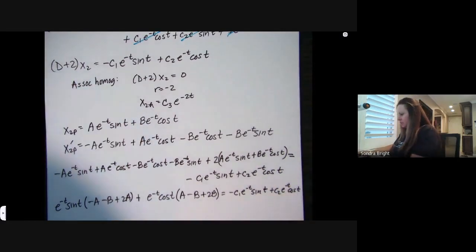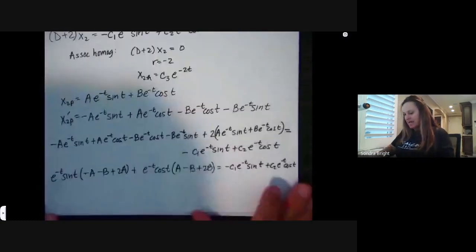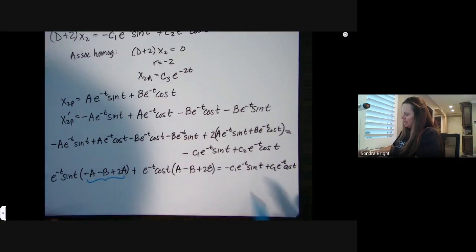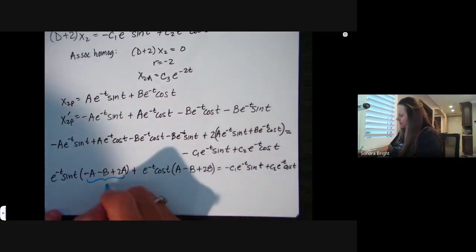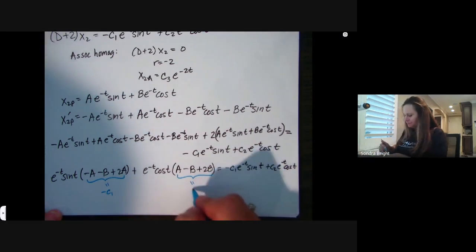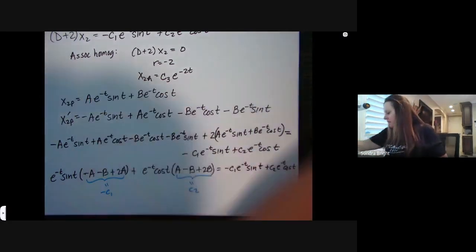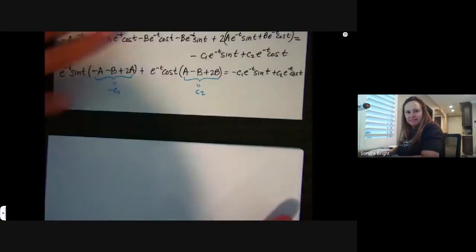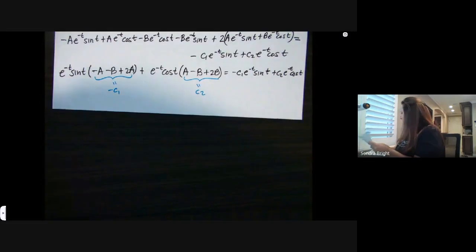Okay. Equating coefficients means that this guy must equal negative c1, and this guy must equal c2. All right. Not done. We're almost done. Almost there. Hang in there. Or pause it for a few minutes and take a break, but I can't take a break.